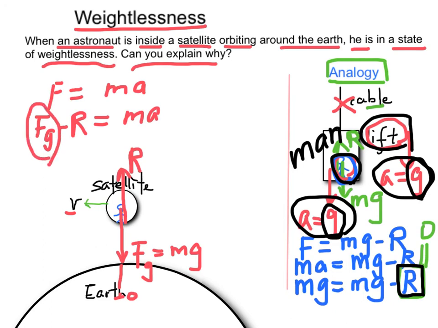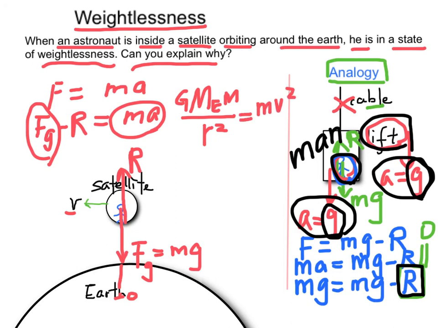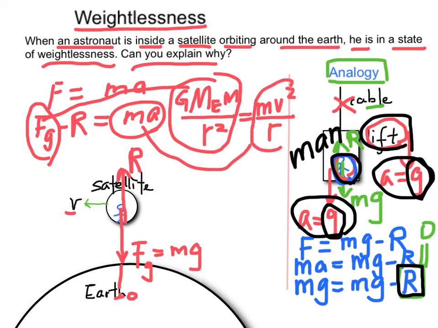And because Fg equals ma, by G M m over r squared equal to m v squared over r, Fg is this one, ma is this one. Since Fg is equal to ma, the reaction force becomes 0. That's why the man inside the satellite is weightless.